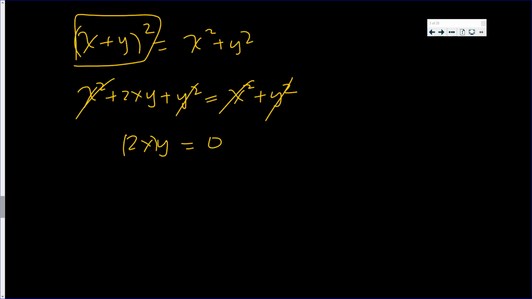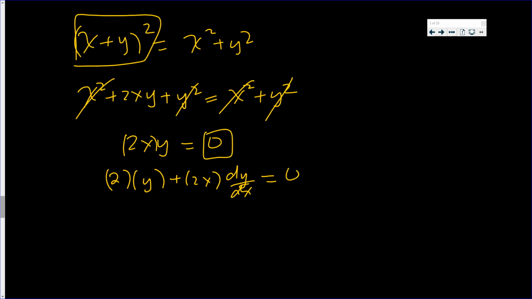So we have a product here. The derivative of the first is 2 times the second plus the first times the derivative of the second, which is dy dx, equals the derivative of the right side, which is 0. This has dy dx, this doesn't. So we bring it to the other side.